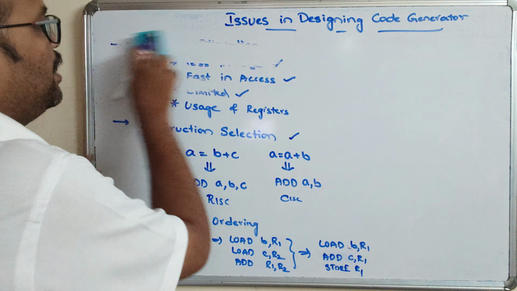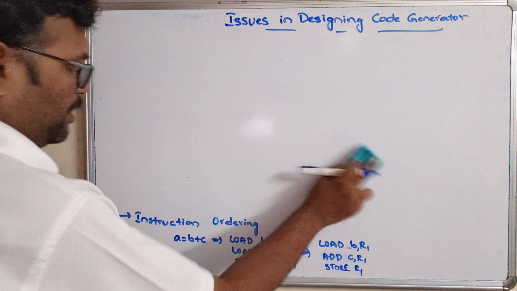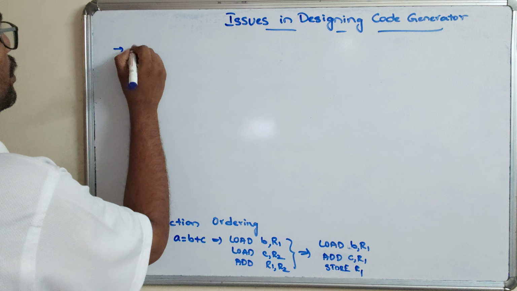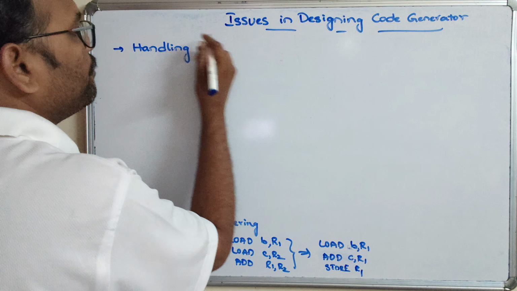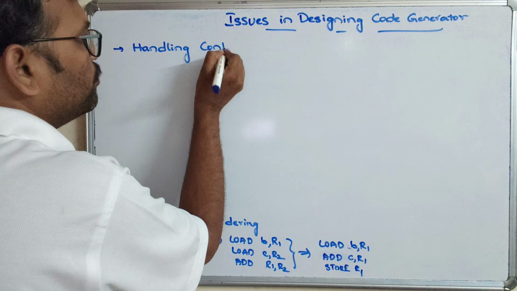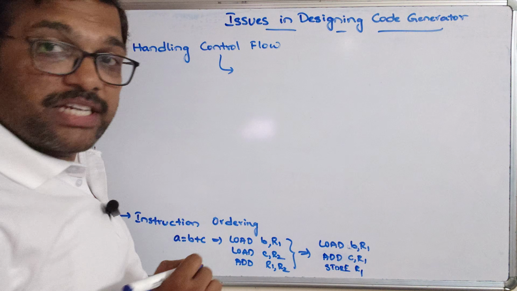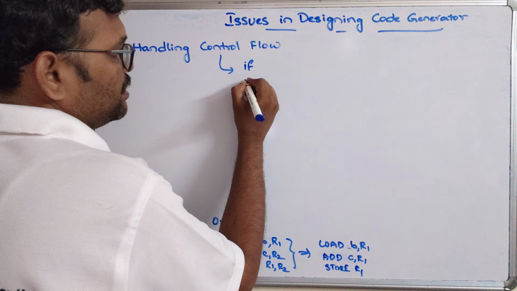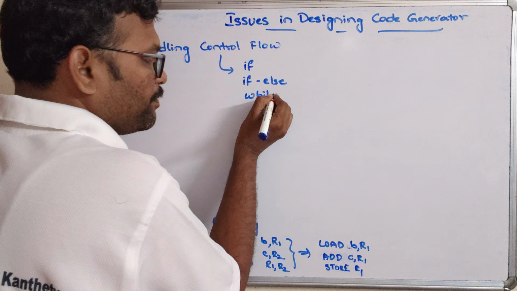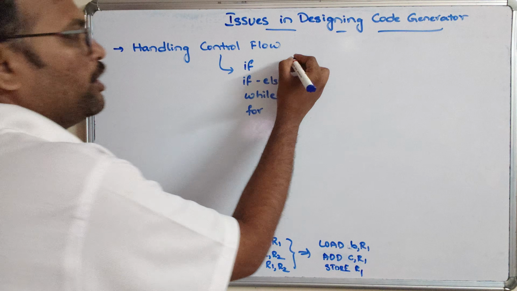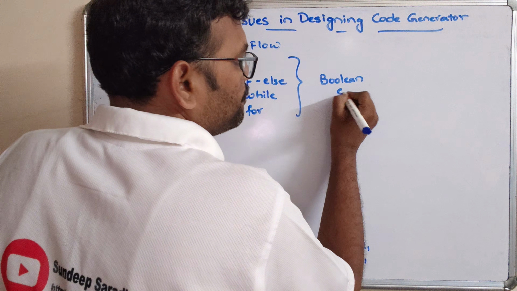Next, handling control flow. This is the most important in our source code, because the control structures mean the if statements, if else statements, similarly while loop, for loop. In all these cases we are using boolean expressions.